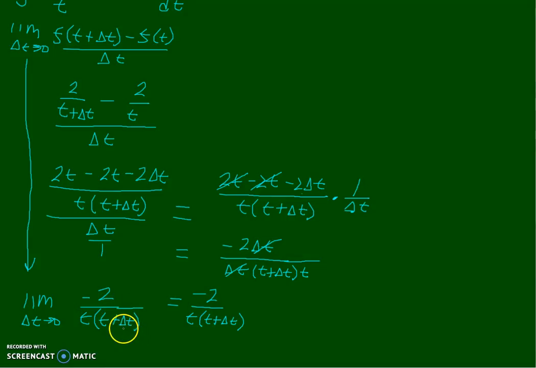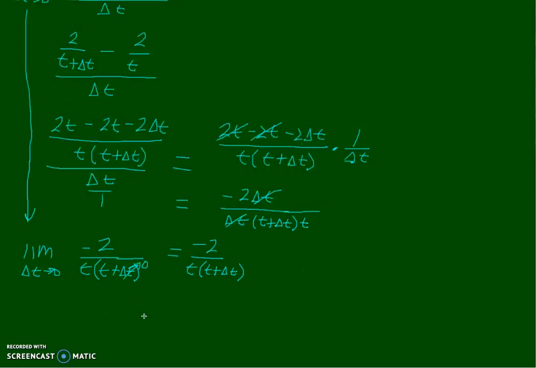As we do this, this goes to 0, and our final result then is negative 2 over t times t, which is t squared. Now, as we can see in this example, just as in the last example, the derivative function isn't defined at the point t equals 0.